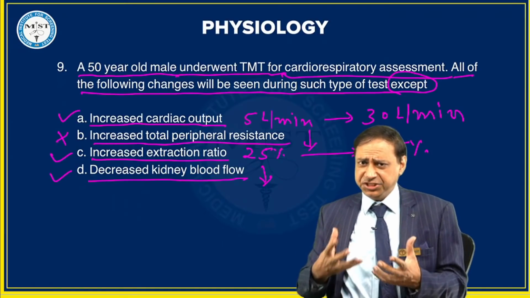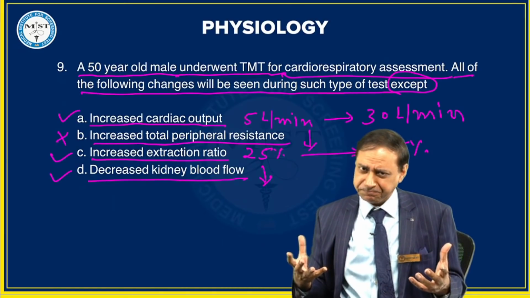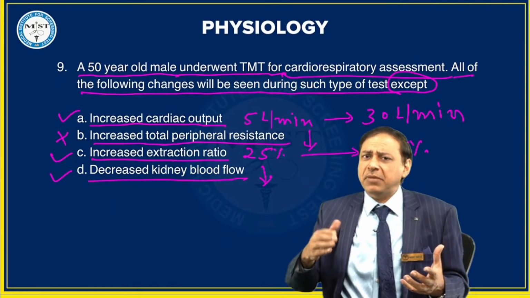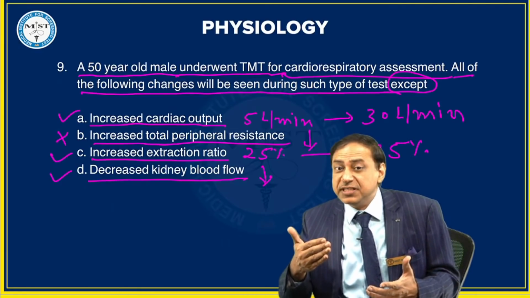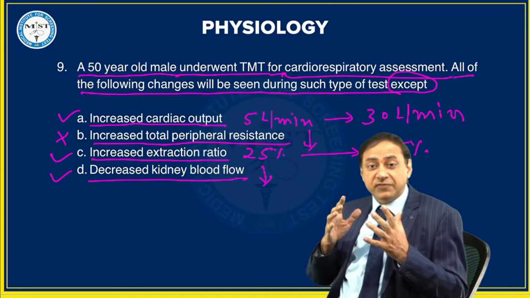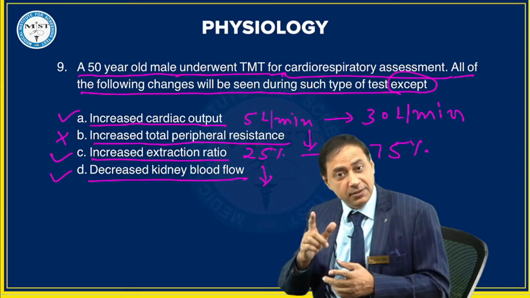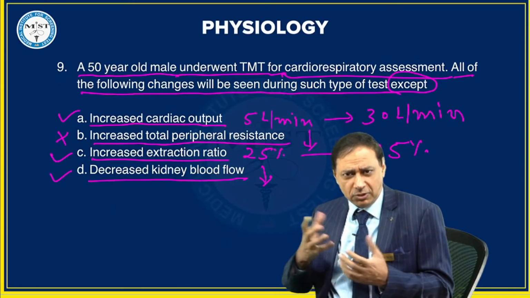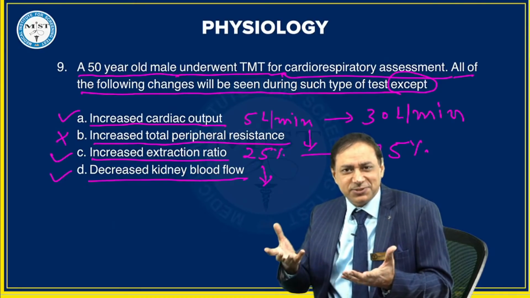Muscles need more oxygen. So muscle blood flow is increased. Autoregulation: what will muscles do?